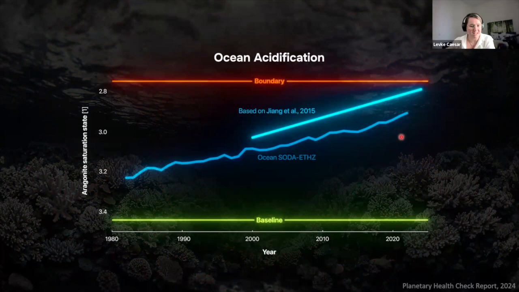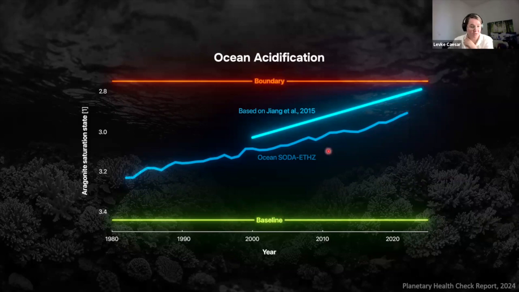The control variable is the Aragonite saturation state, which is basically this critical factor for the health of corals and shell-forming organisms. And the green line presents the pre-industrial baseline of the Aragonite saturation state, which was approximately 3.34. And then the red line is the planetary boundary.